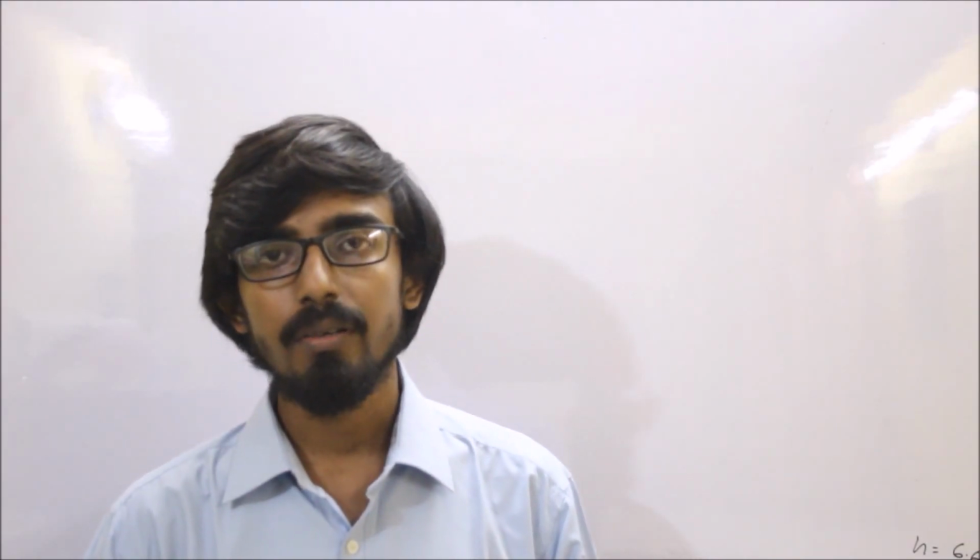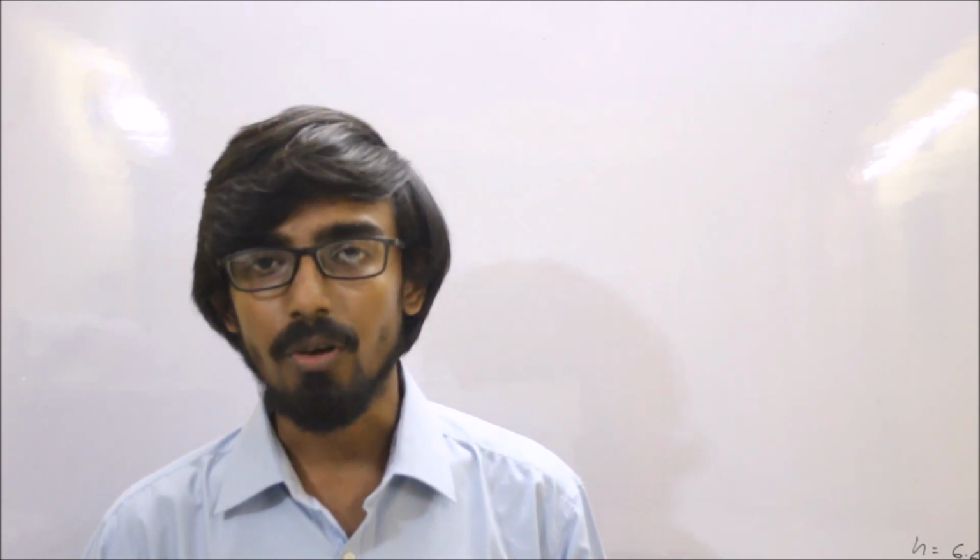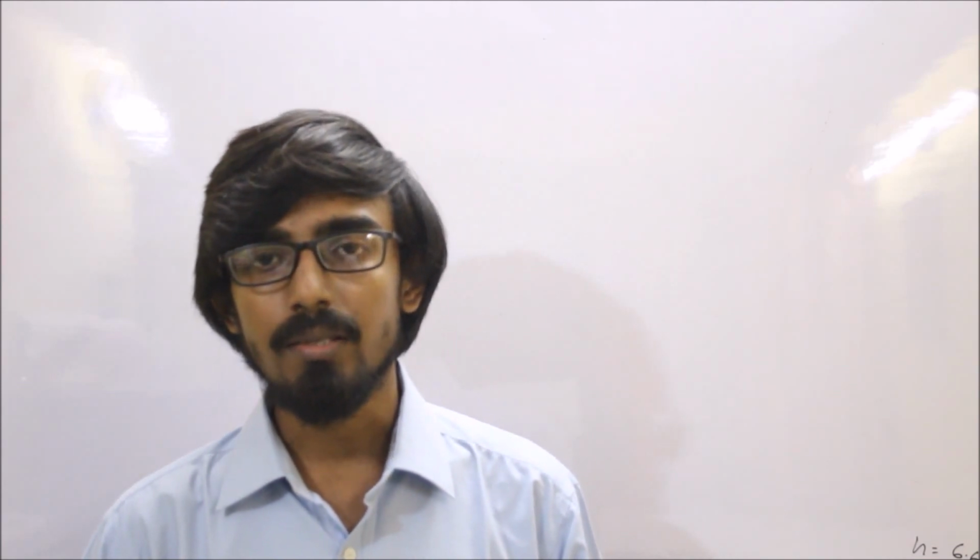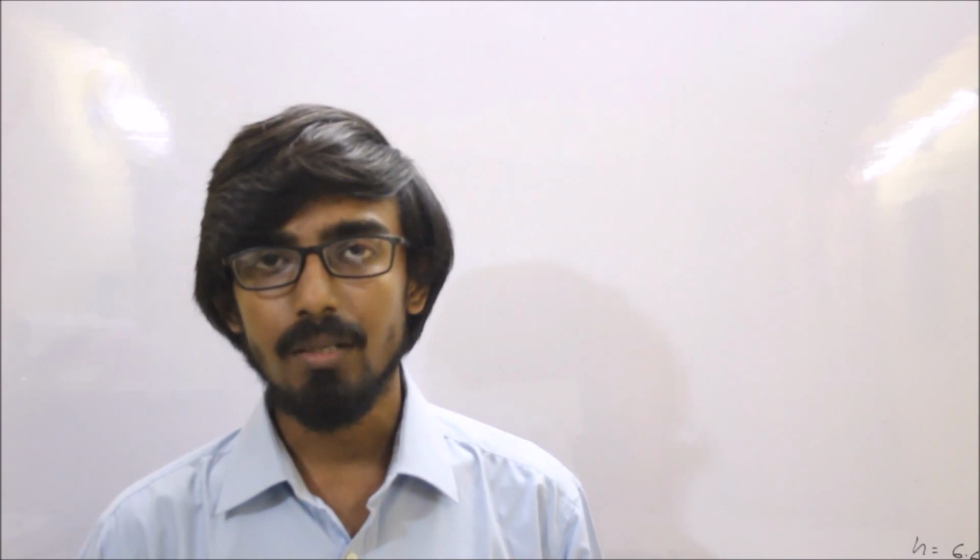Our next topic is Heisenberg's uncertainty principle. The question number 7 is, calculate the uncertainty in position of an electron which has uncertainty in momentum 6 into 10 to the power minus 2 kg meter per second.